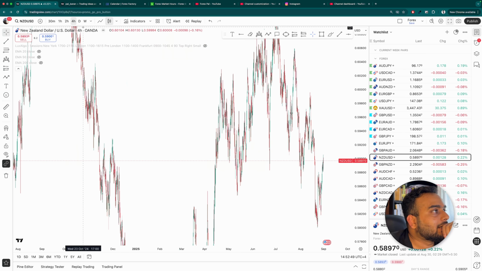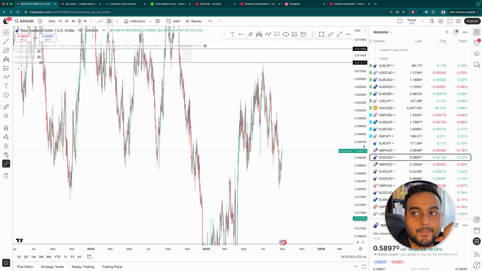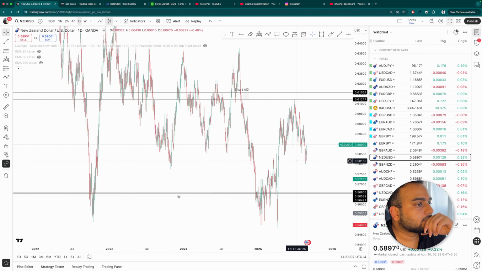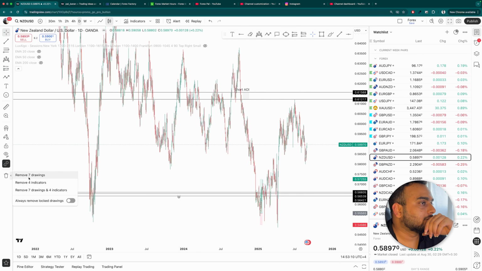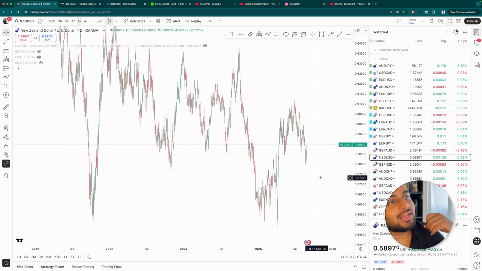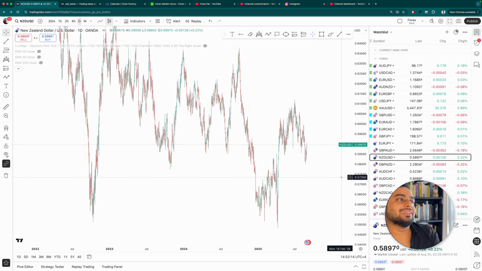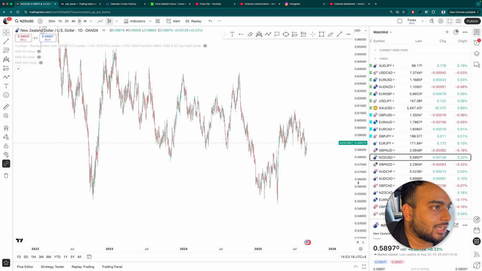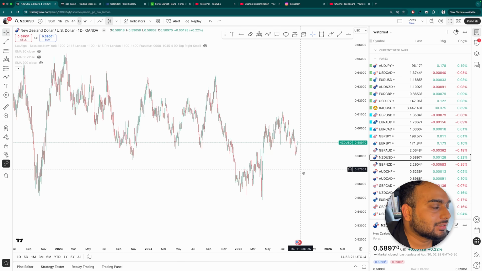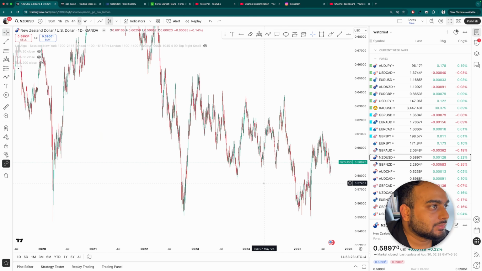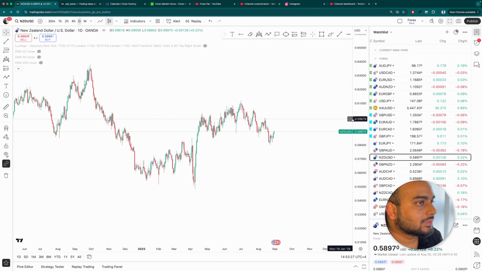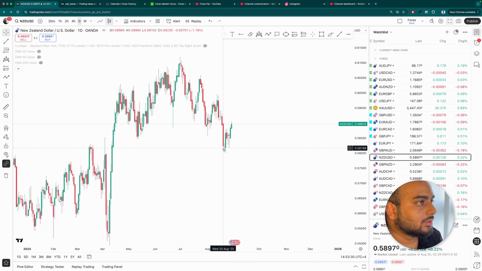Now let's look at NZD USD. So many lines. I have checked on NZD USD in a month. I don't know when I created that line. The daily is doing this.